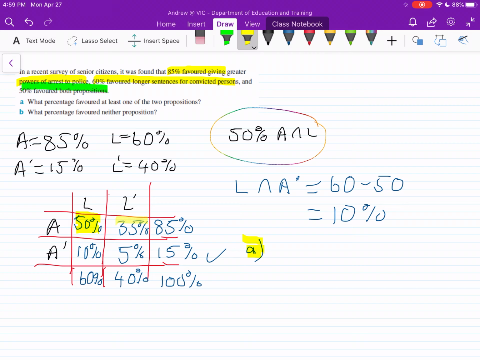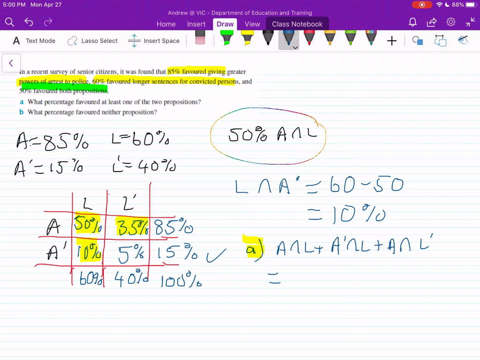This one here, where they favoured more arresting powers but not longer sentences, that's one of the propositions favoured, so that counts as well. And this one down here. So mathematically speaking, you're adding A and L, plus not A and L, plus A and not L.